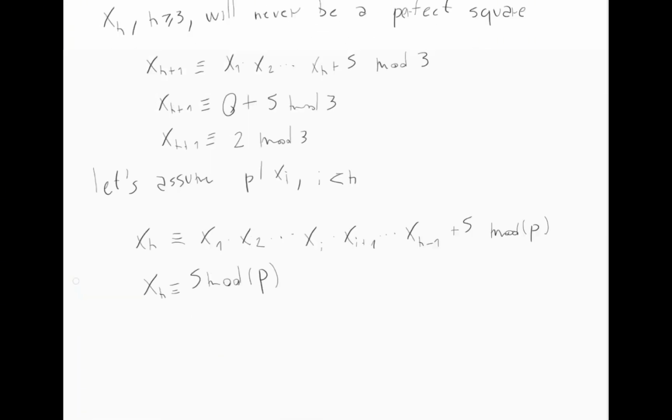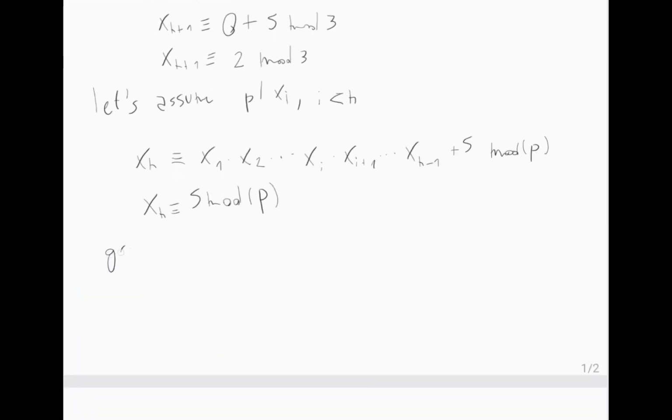And now we need to notice that the greatest common divisor between any xi and xj is equal to 5 or 1. This is a direct consequence of the above.